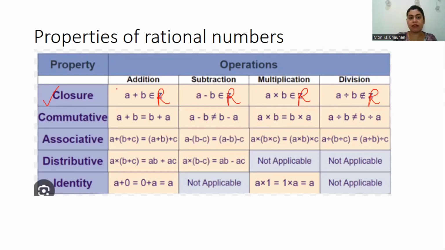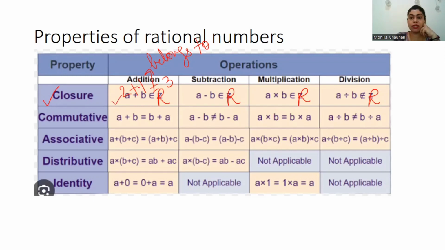So addition means if I take 2 plus 1, what does it give you? 3. Now, is 3 a rational number? Of course, it is a rational number. This symbol means belongs to, okay? So it means that A plus B belongs to rational numbers. It means that when you add two rational numbers, you get a rational number. So this is true. It is closed under addition. I hope that you're writing this.